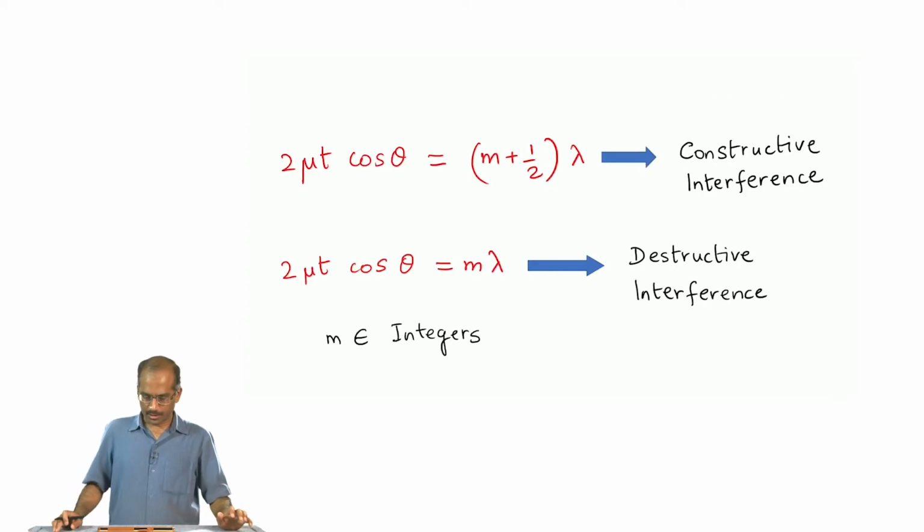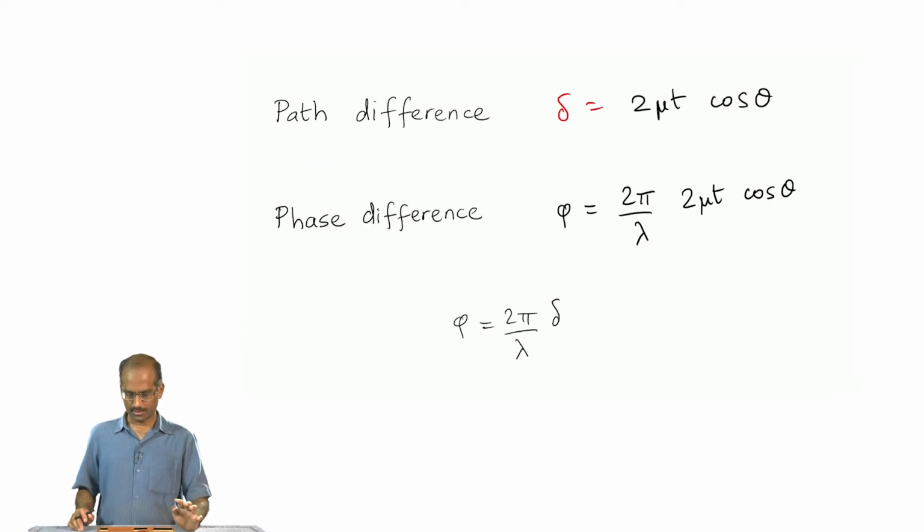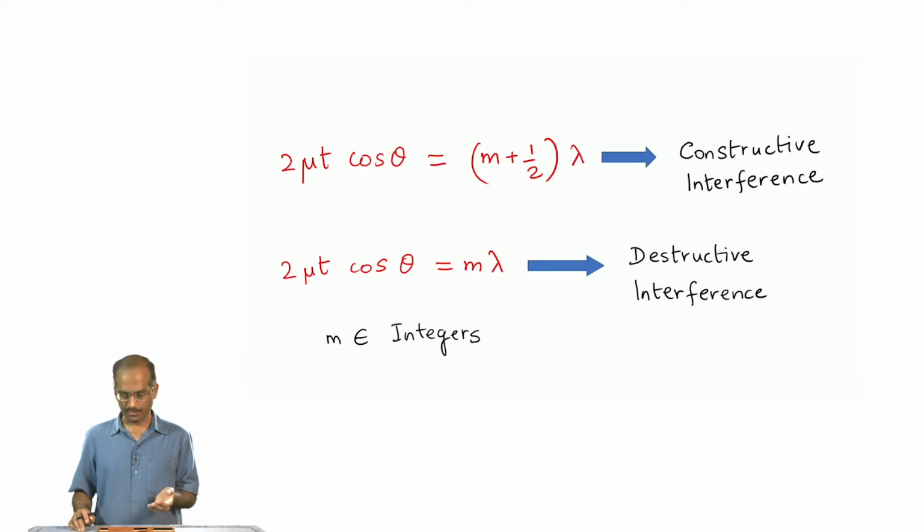We also saw that if the path difference 2 mu t cos theta is equal to m plus half times the wavelength, then you get constructive interference, so you should see bright fringes.